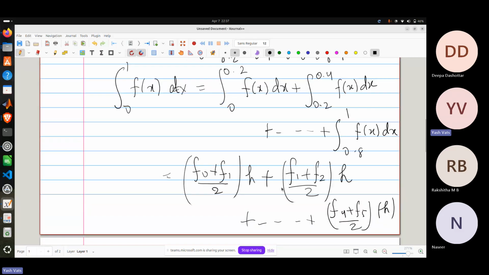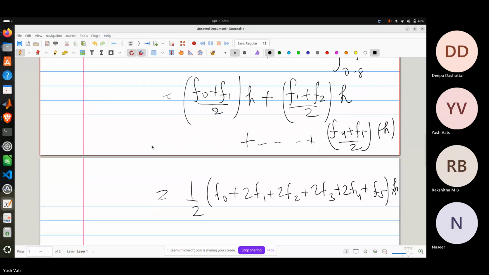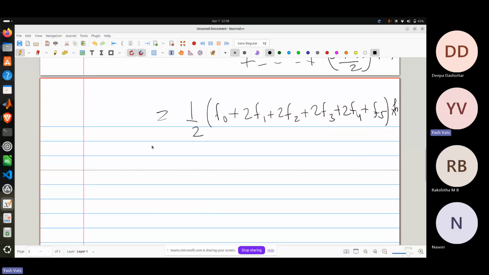So that is the formula for your composite trapezoidal rule. Okay, is this clear? If it's clear, then you can try something. But first, I explain what is composite Simpson's rule. Then you can try one question based on that.